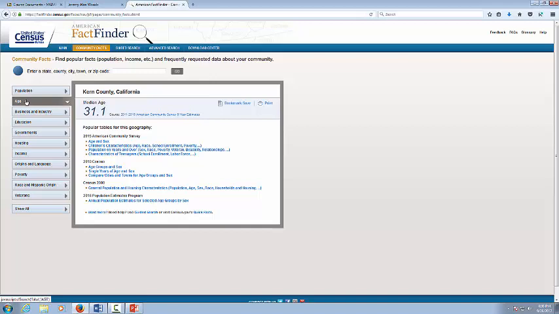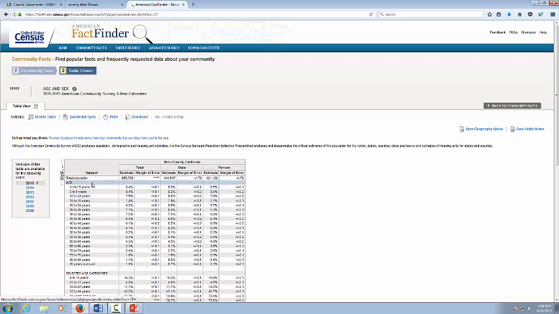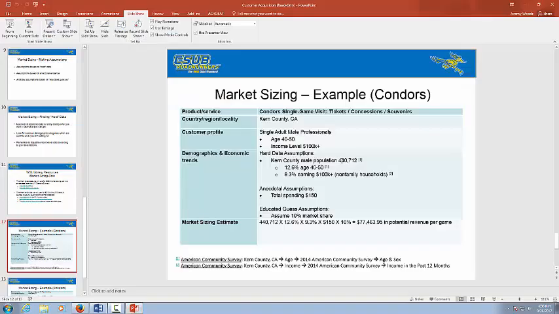So age and sex, there's a report here on age and sex in Kern County. You'll see here, total population, male population, female population. So the total population of males, 444,547, is a little bit higher than it was when I did this. The last time I checked, it was only 440,000. There's 4,000 more men in Kern County than there were the last time I did this. So that's the male population.